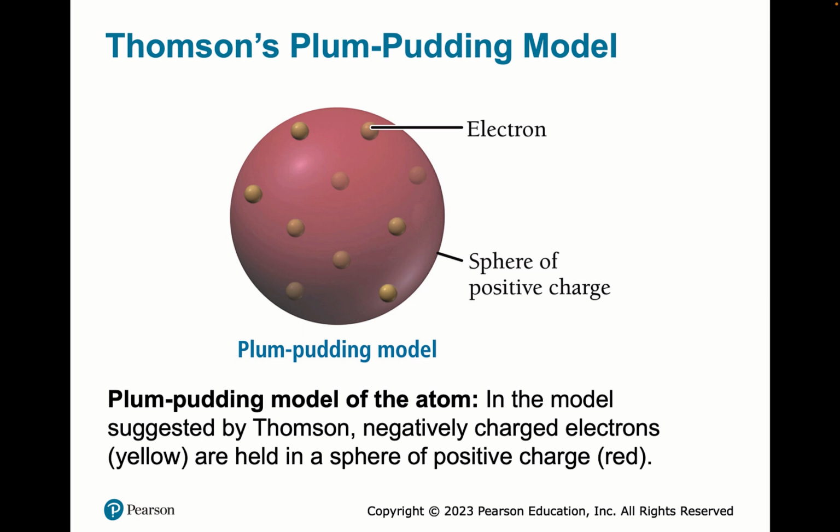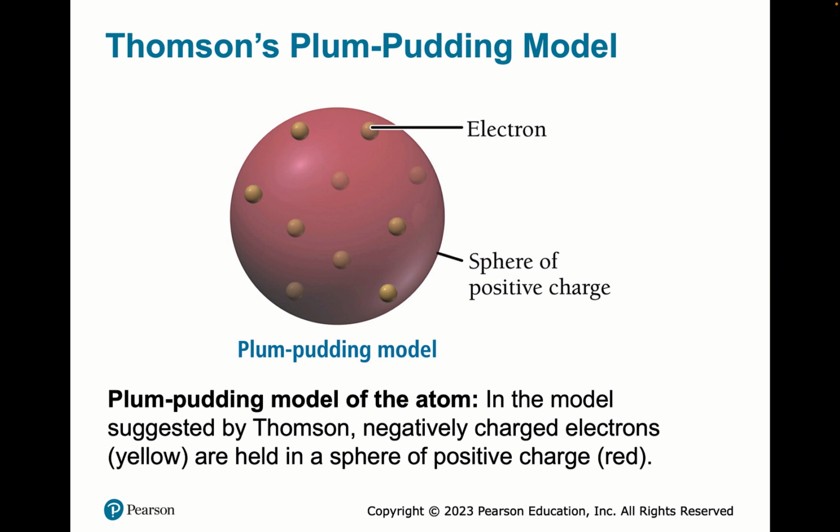Of course the muffin is a 3D shape. Maybe think of a chocolate chip cookie model. Think of the cookie as the entire atom, and the chocolate chips as the electrons. So the idea is that an atom is this region of positive charge, and electrons are floating around inside the atom, and they're smaller.